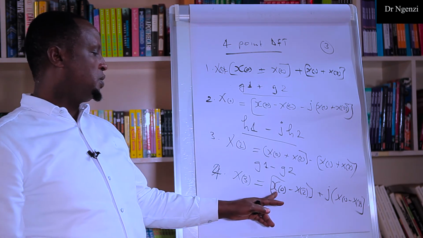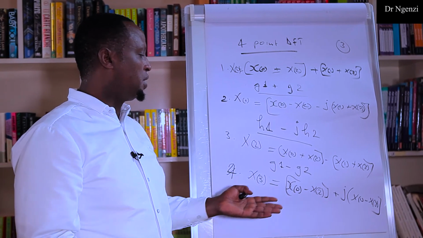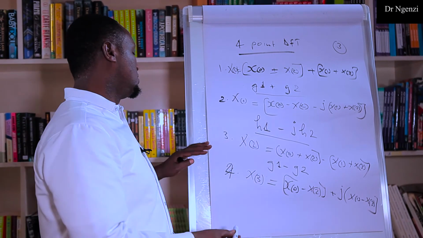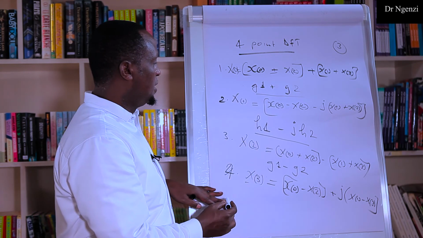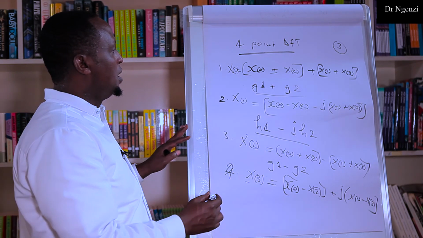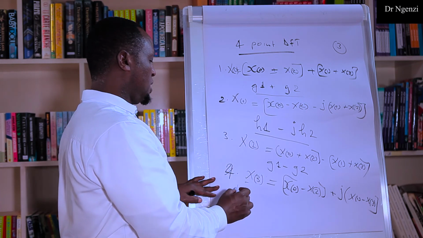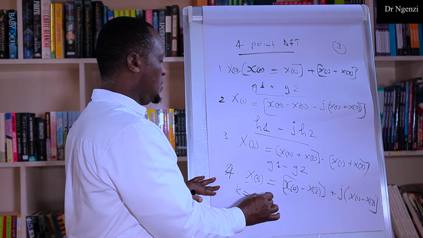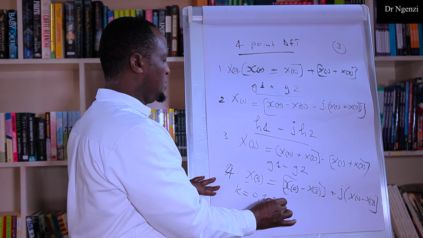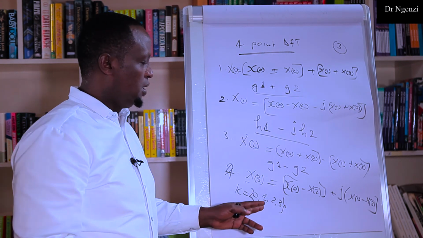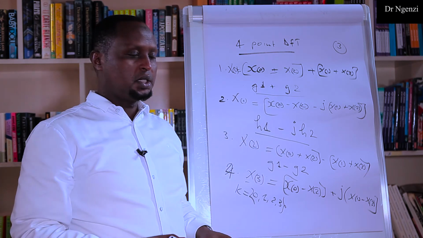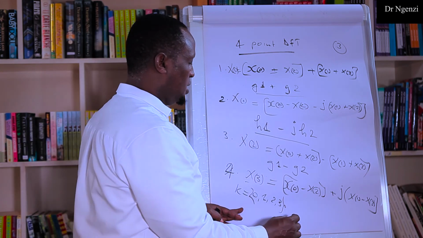The x of 0, you know its value. The x of 2, you know its value. So at these values, suppose we are using k equals 0, 1, 2, and 3, because they are 4 points, remember, then you can substitute them in this case.